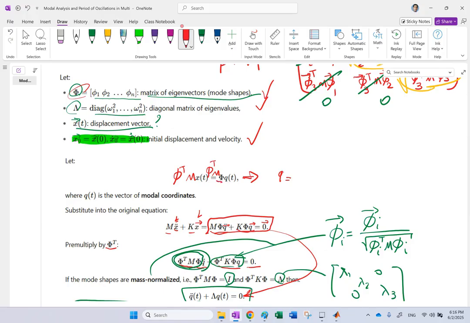Why do I do that? Because if you remember, this guy is now with this mass-normalized thing, this is going to be identity matrix. So on the right side, I get Q, and on the left side, I get phi transpose M times X. So Q equals phi transpose M times X.